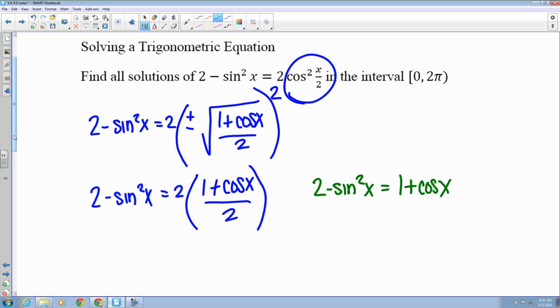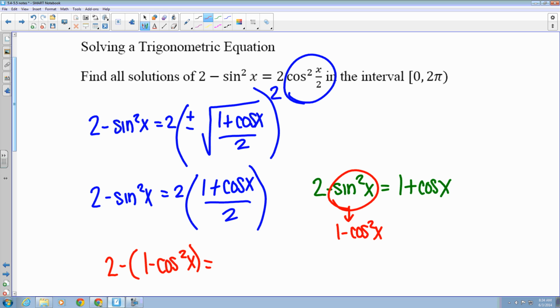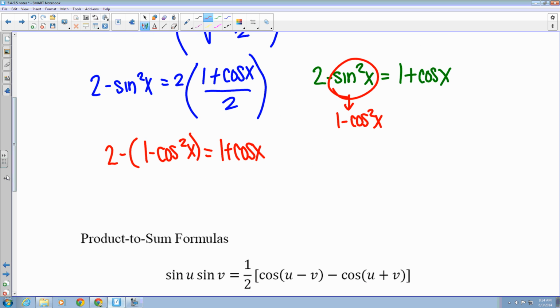Although, now I have two different trig functions. So I need to turn sine squared into 1 minus cosine squared. So now I'm left with 2 minus (1 minus cosine squared) equals 1 plus cosine x. I need to be in the same variable if I'm going to factor it or solve for it.